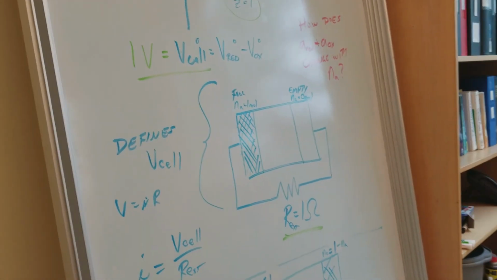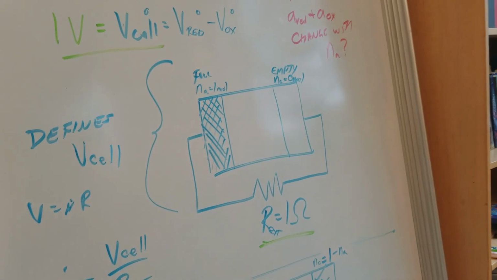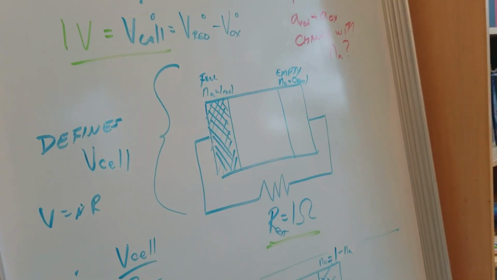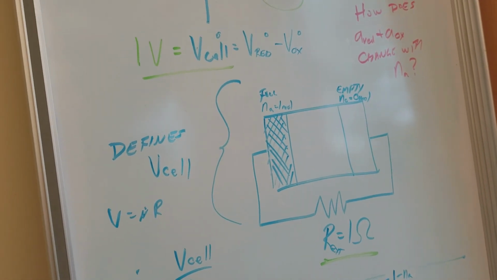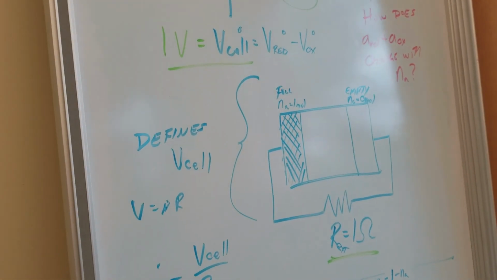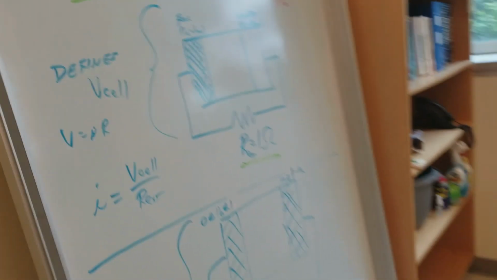We also know that we have inhomogeneous distribution of metal atoms in those. But for now, we'll just treat them as though they are uniform and constant volume.